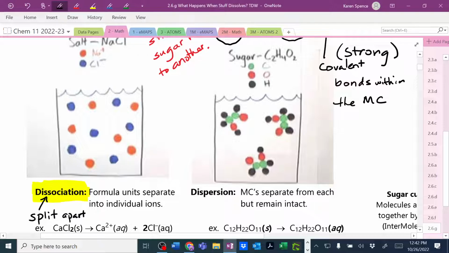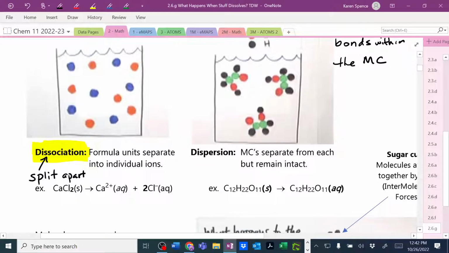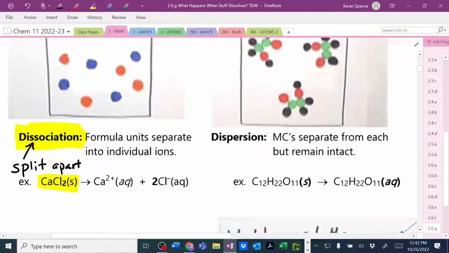So ionic compounds dissociate in solution. If you started with calcium chloride that's all stuck together, when it dissolves in water, you end up with the positive ions floating around separately from the negative ions.